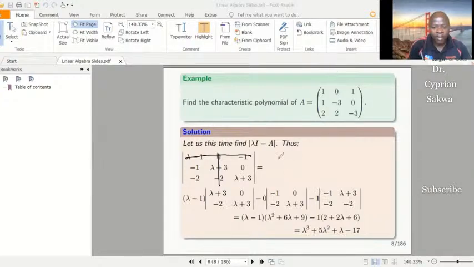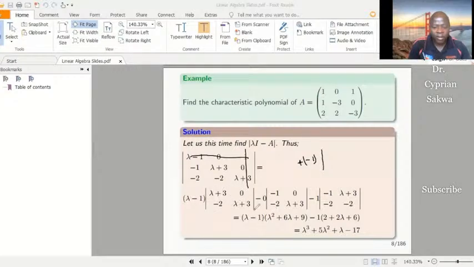Then it will be plus negative 1. Then delete the row of this one and the column of this one, and you're left with negative 1, lambda plus 3, negative 2, negative 2. So find this determinant and multiply by this.